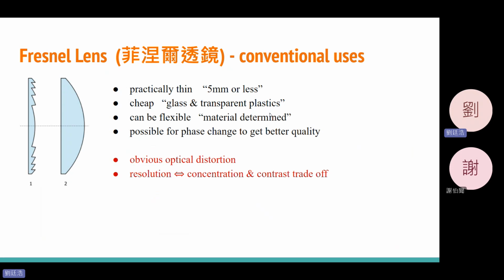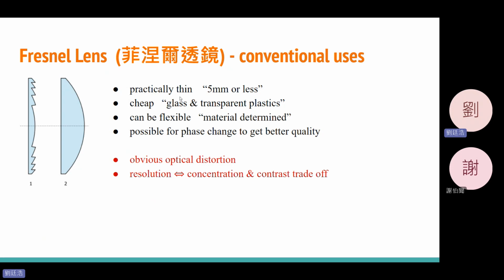So there are a few solutions that the market uses to solve this problem. The first, besides the conventional lens, is Fresnel lenses, which is actually another conventional lens created before the 19th century.